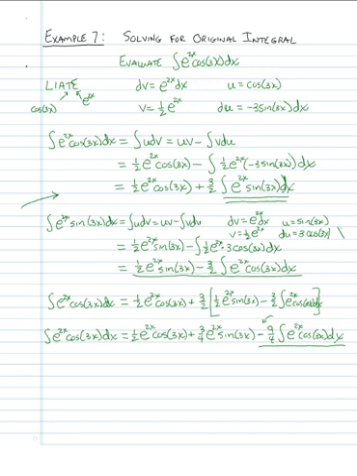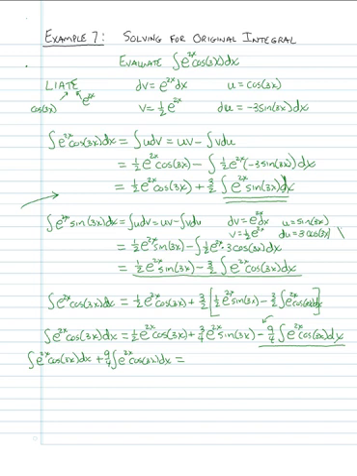So I'll have my original e to the 2x cosine 3x dx plus 9/4 times the same integral, because that's what's on the right side.